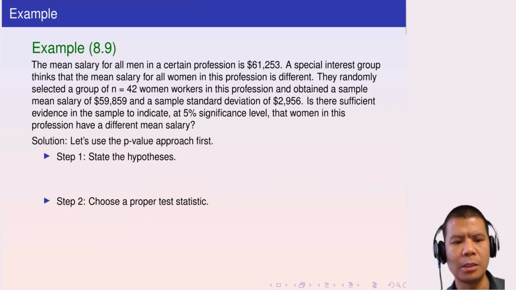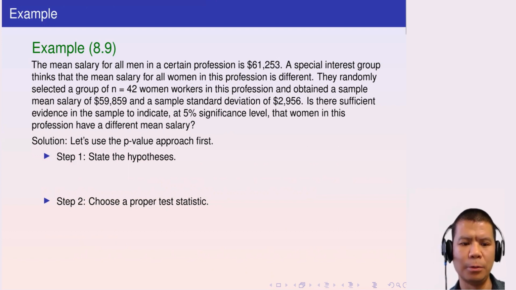They randomly select a group of n equals 42 women workers in this profession and obtained a sample mean salary of $59,559 and a sample standard deviation of $2,956. Is there sufficient evidence in the sample to indicate at 5% significance level that women in this profession have a different mean salary? Okay.